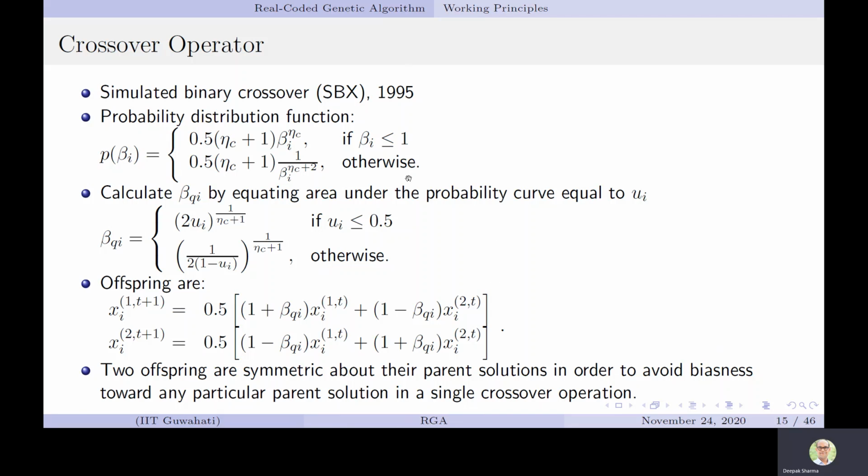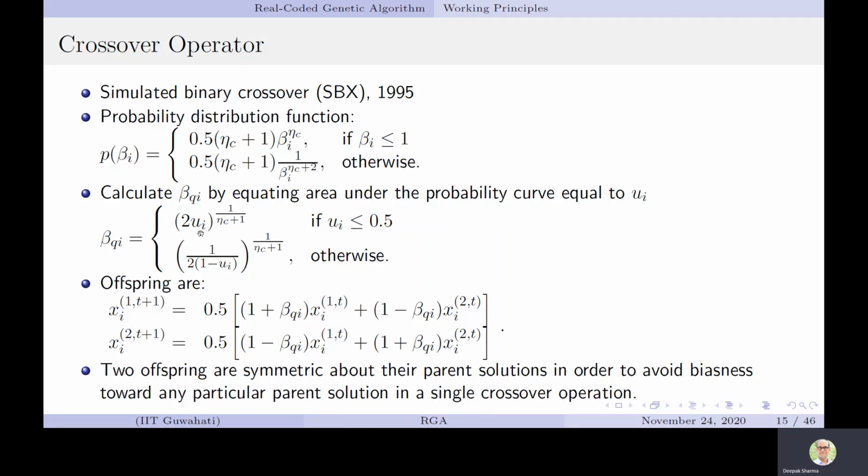As of now, I'm not going into the proof of this crossover operator. What we can understand is that whenever we have to generate the offspring, we need the value of beta. This beta depends on the random number ui.